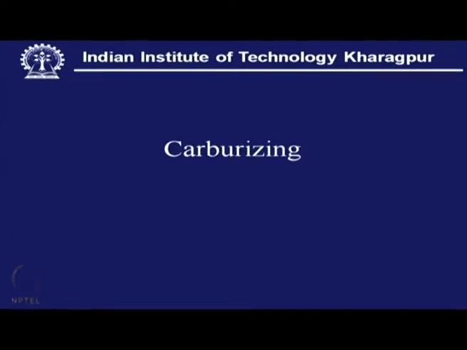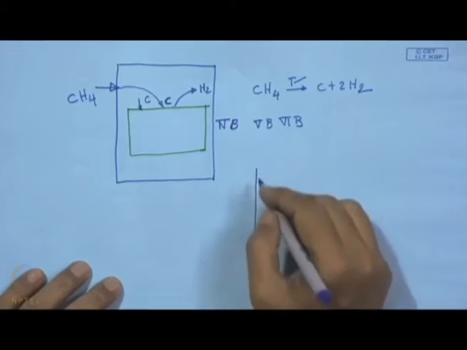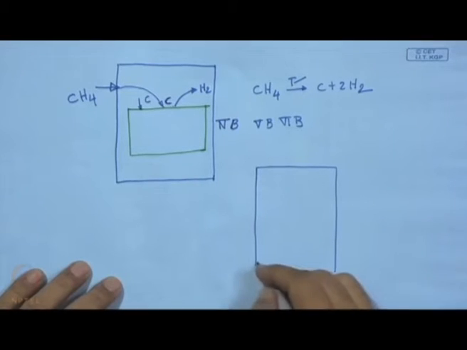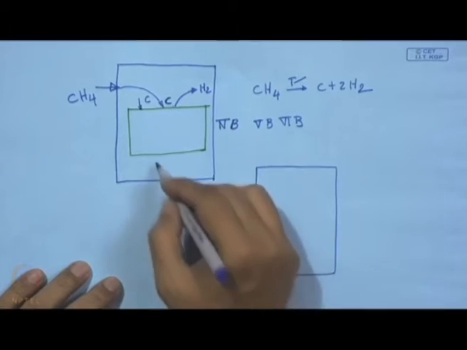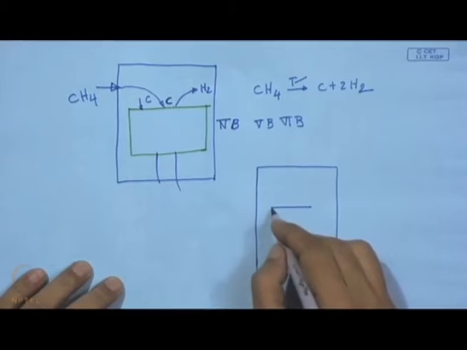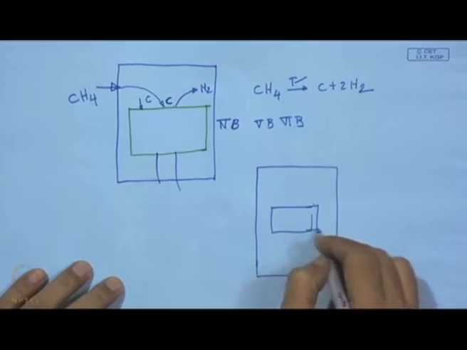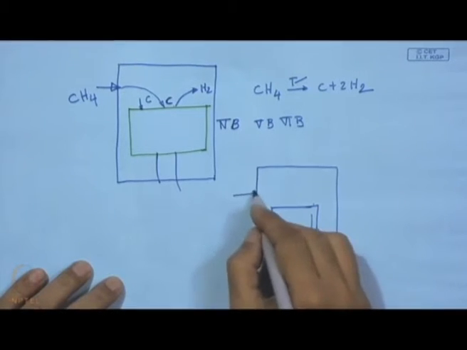So, this is actually traditional carburizing or conventional carburizing. Now, what we see here in this case, we can also have nitriding. In nitriding, instead of this methane, we can have either nitrogen or ammonia.